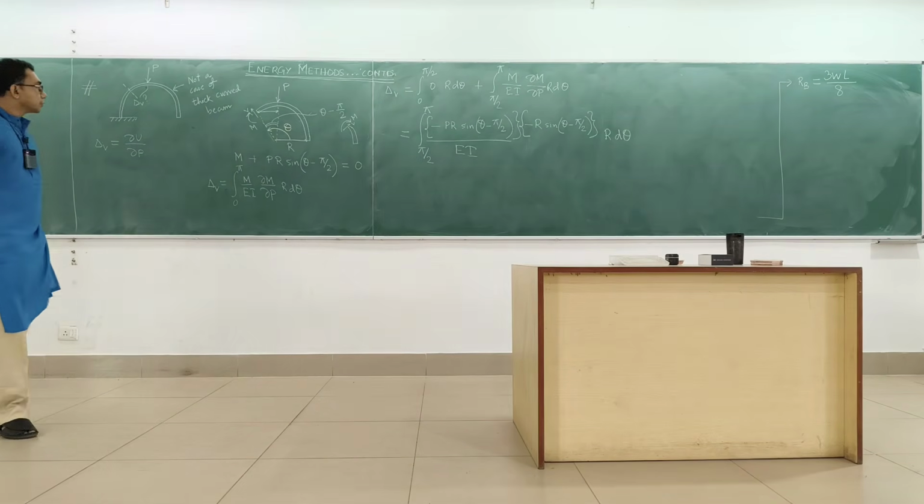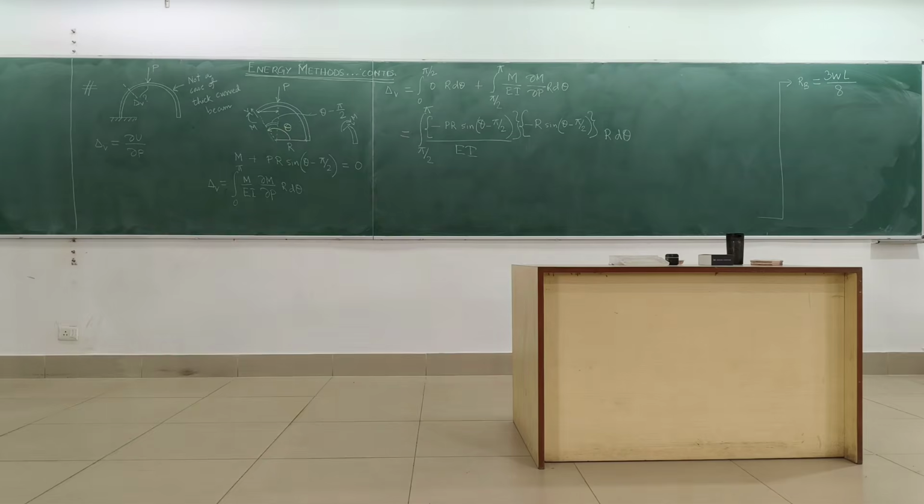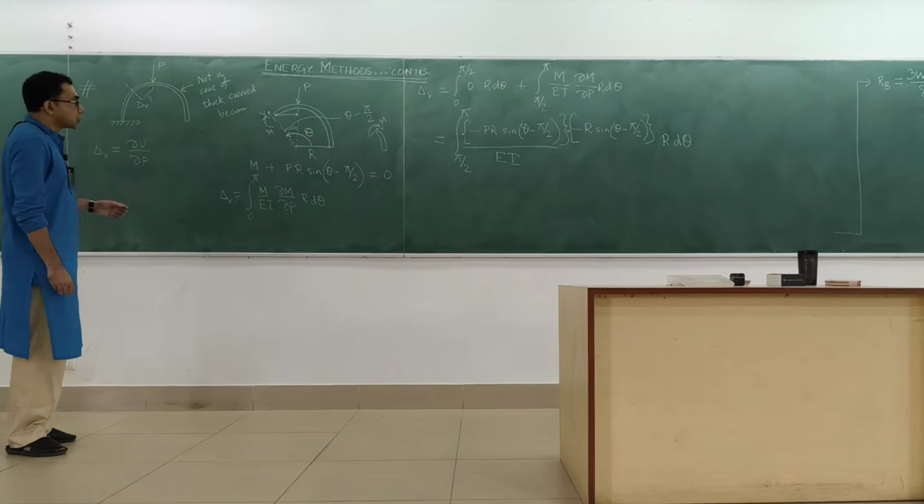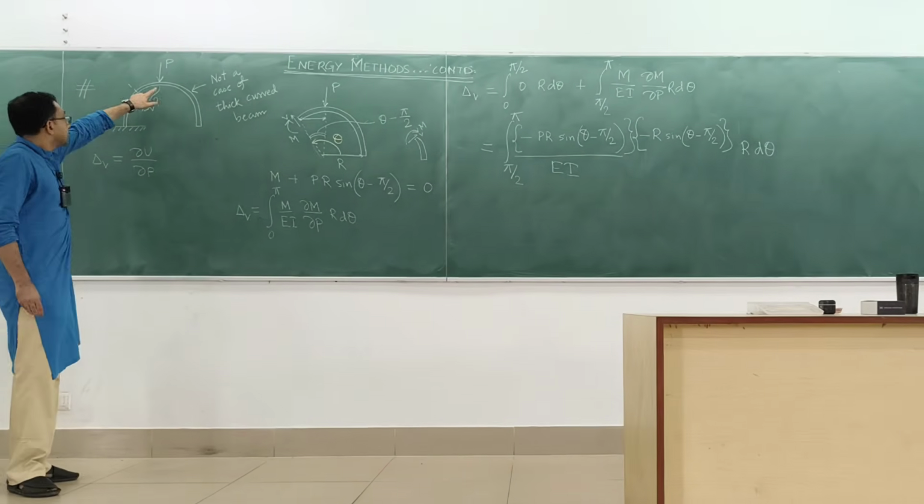Okay, let us continue from where we left off in the previous part of this lecture. So we were discussing how to find out the vertical deflection at this point.